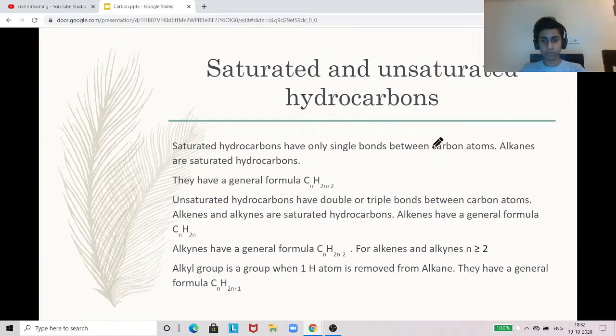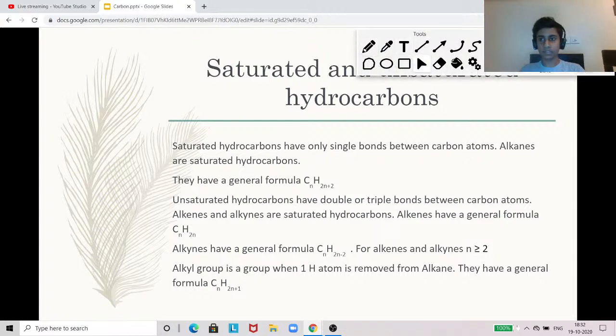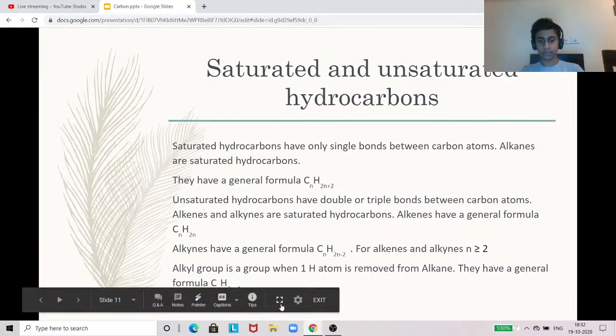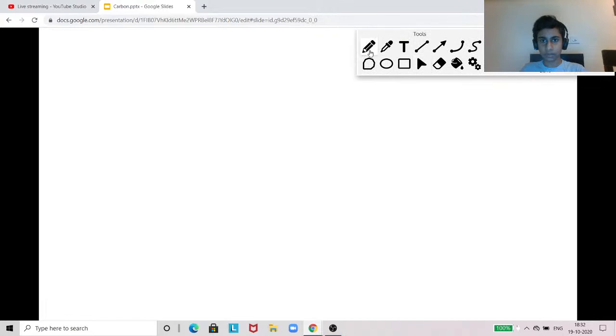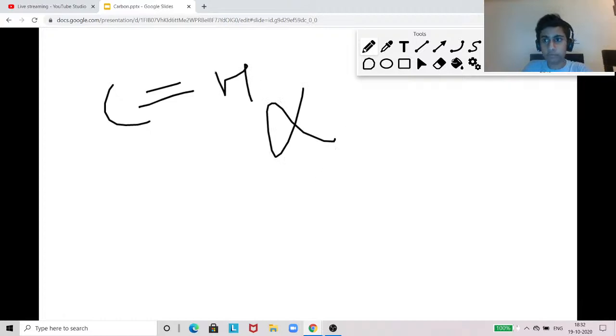Let's understand it like this. Let's say we have ethene, because methane is not possible: with a double bond, a single carbon cannot work.